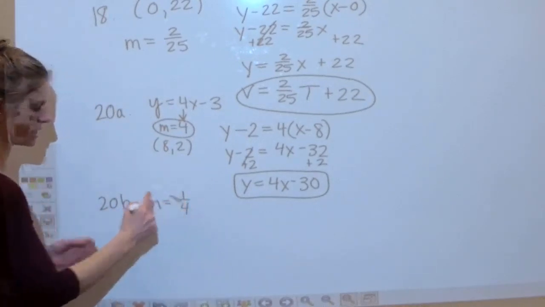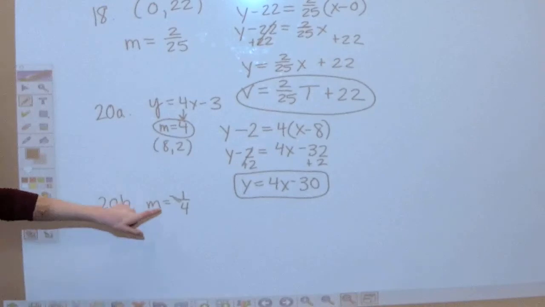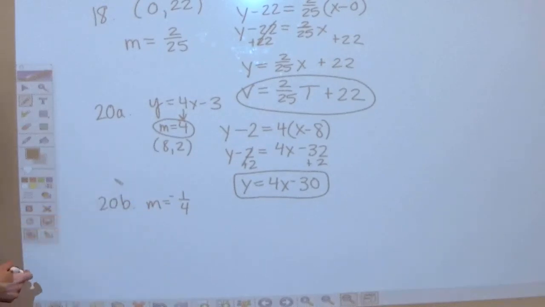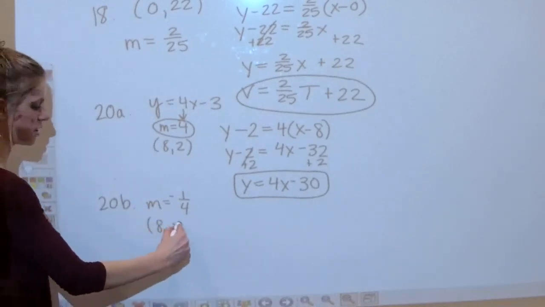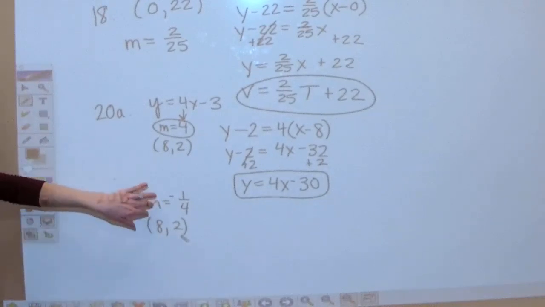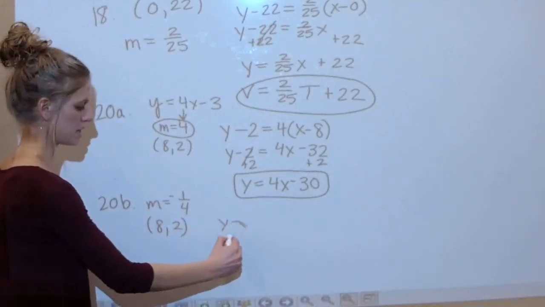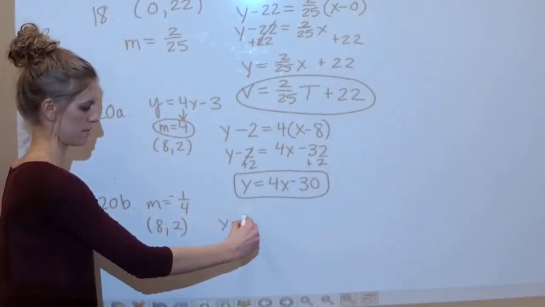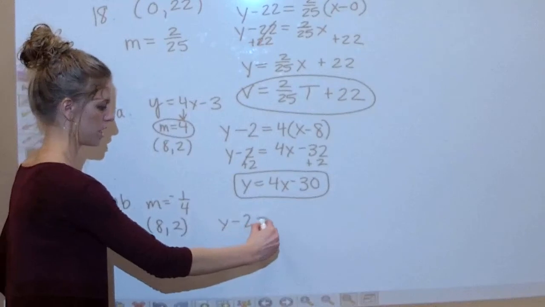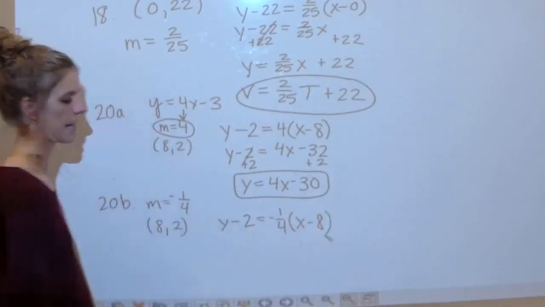And you take the opposite, so negative, you make it positive. So this is your perpendicular slope. And we're still finding a line that goes through that same point. So we're going to put this into point slope form. Y minus what? 2 equals negative 1/4 times x minus 8.